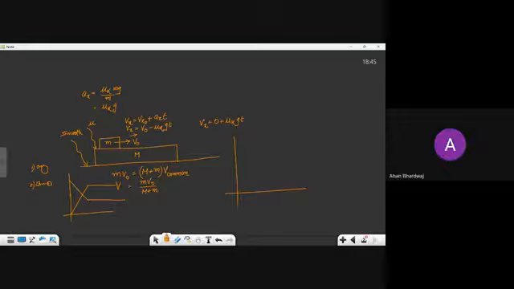Sir, I have a doubt. Initially block M is moving with V naught to the right, and later on it will be moving to the left when it achieves the final, right? No, how will it move to the left? Its velocity is decreasing with respect to capital M, but that doesn't mean its direction changes.